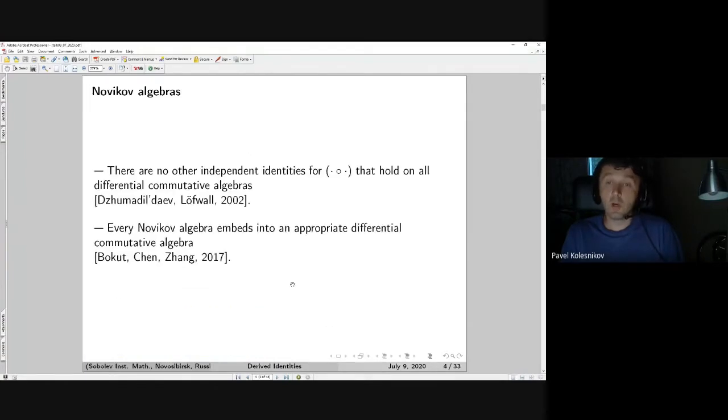So there are no other independent identities. A little bit stronger result was recently proved by Bokut, Chen, and Zhang. Hi, Zerui. They proved that every Novikov algebra may be embedded into a differential commutative algebra. There exists a sort of differential envelope for every Novikov algebra.